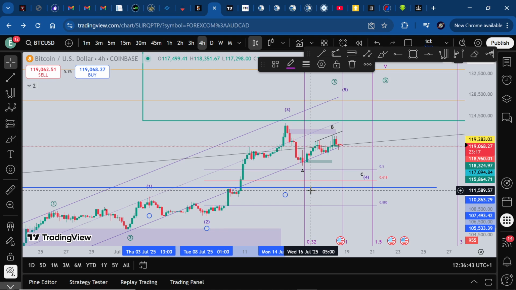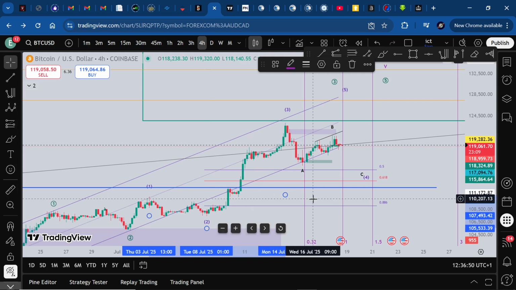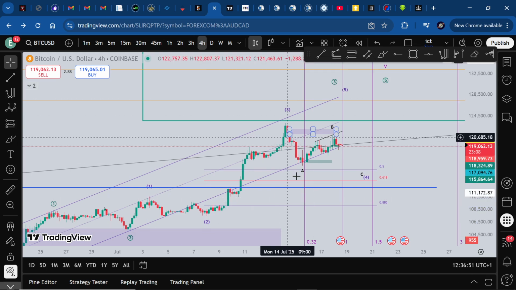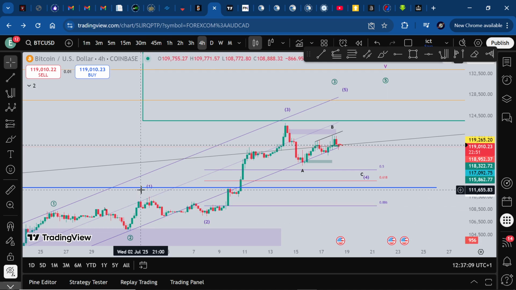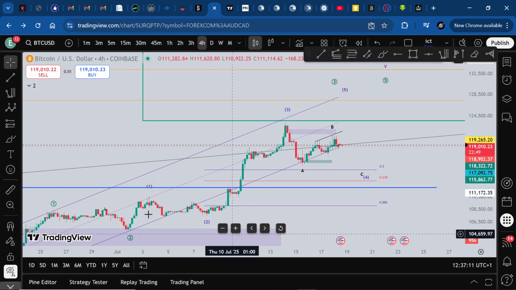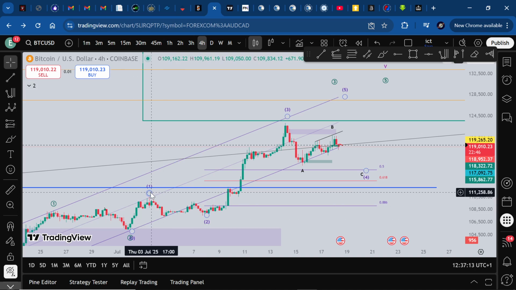Basically, this finished just before the 0.382. If I've got the measurement of the two wave correct, which I think I do, then this is another confirmation that it's unlikely the fourth wave is finished, because it ended before the 0.382 in time. Now, the 0.382 in time is the minimum that you would expect. If you've got wave one, wave two needs to take at least 0.382 the time of one to complete.